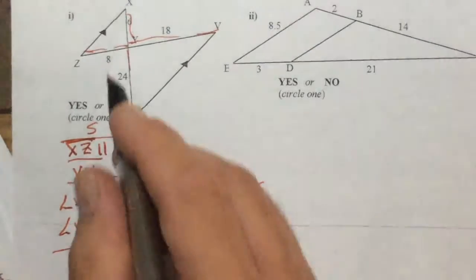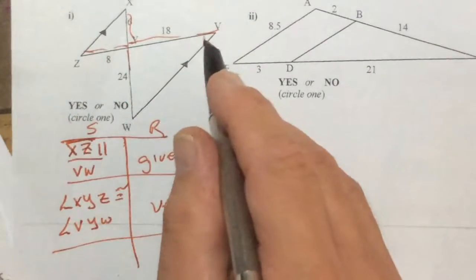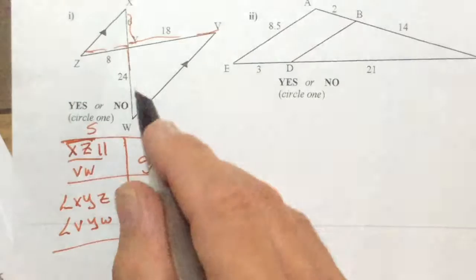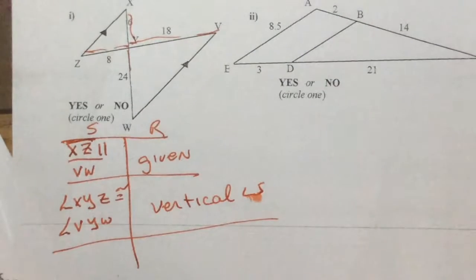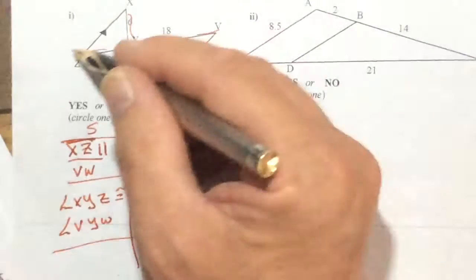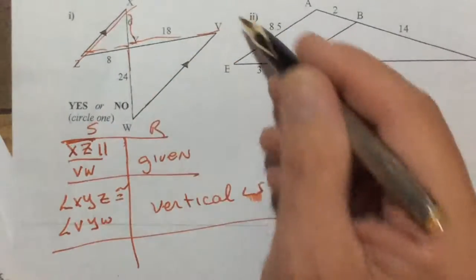And in this case, we know that this angle and this angle, or this angle and this angle, are alternate interior angles, and these lines are parallel.